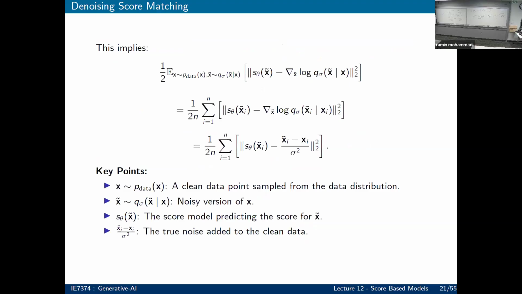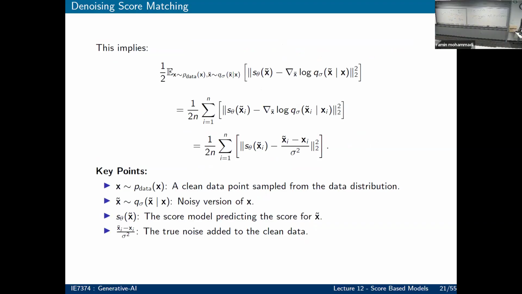Replace it back into the function that we had. So replace this with what we found from the 2D formula, which is the gradient of a Gaussian. What we end up with is that in order to find this error, the error is simply the average over points of the score of our model minus this term, right?